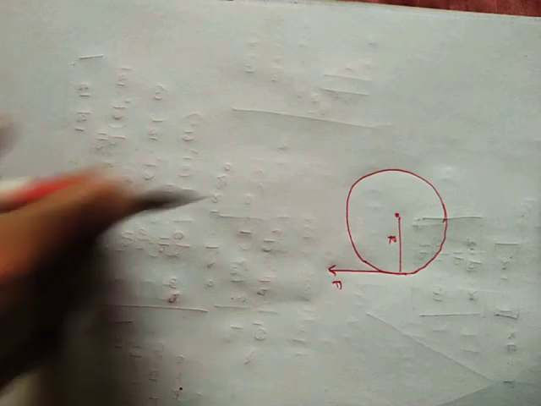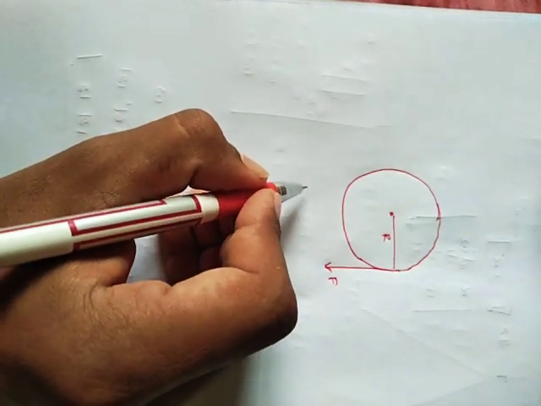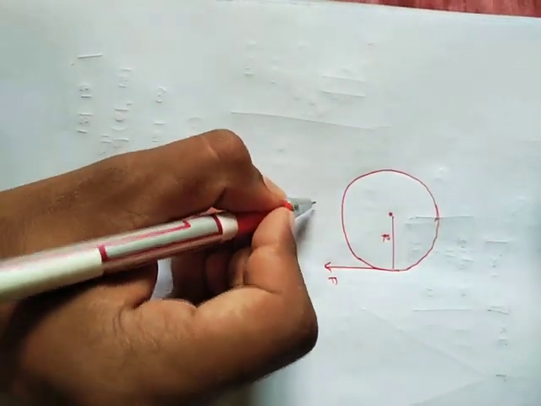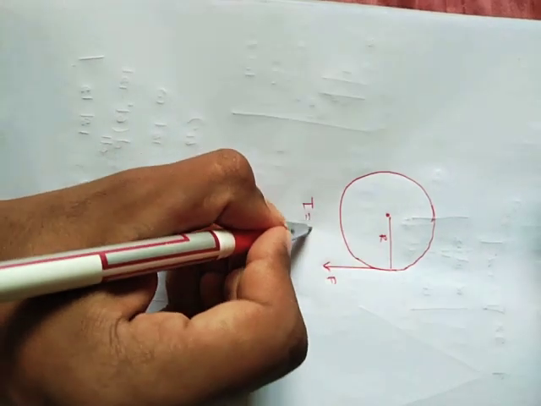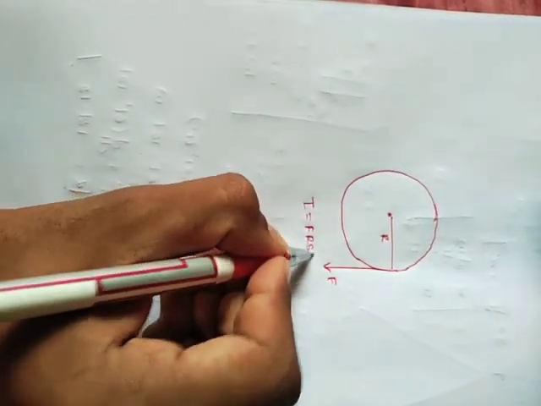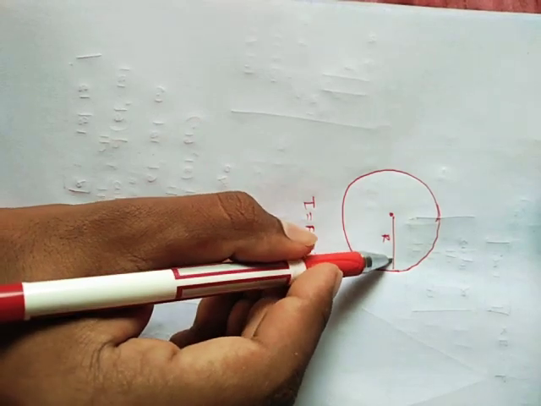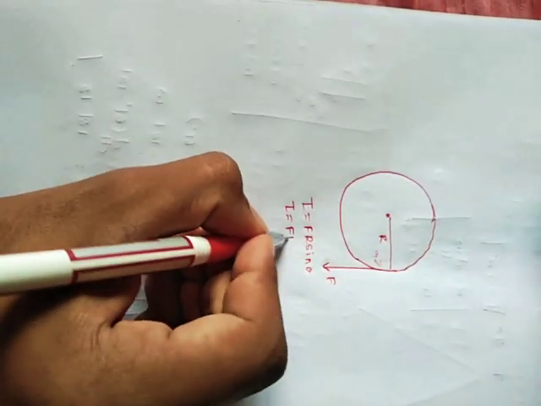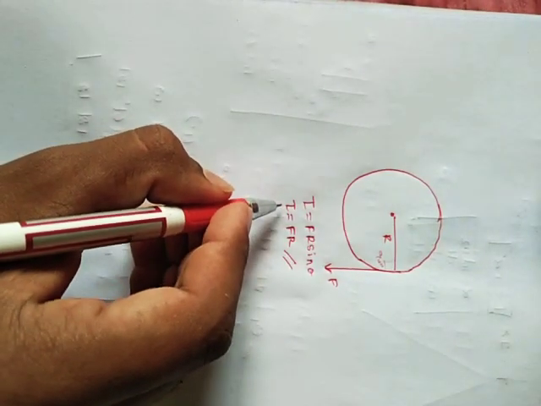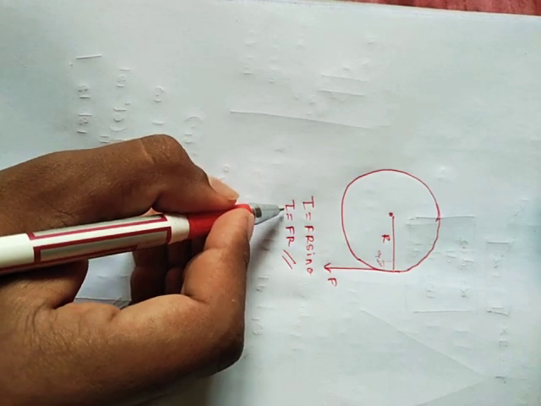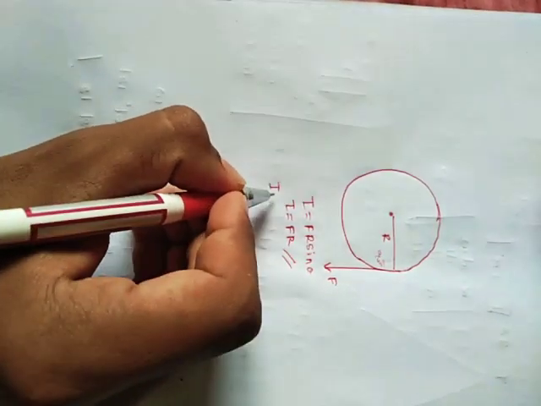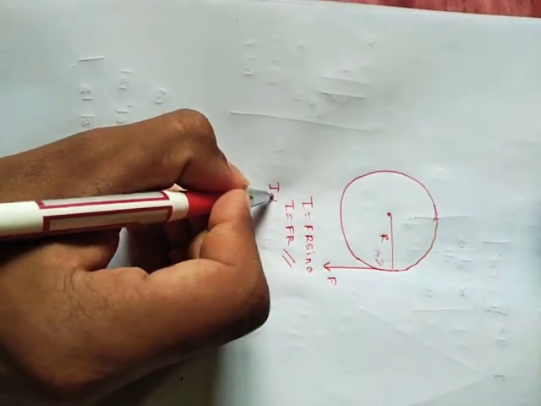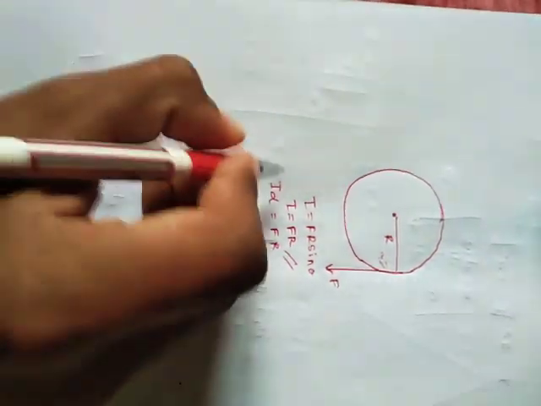So I generally show how to solve it. We already know that torque equals F r sine theta. Here theta is 90 degrees, so torque equals F into R. We already know that under a non-equilibrium case, torque equals I alpha.